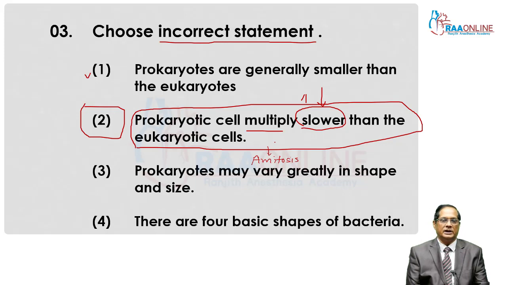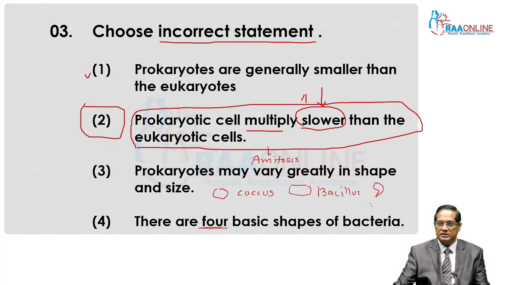Then, prokaryotes may vary greatly in shape and size, right? And the 4 basic shapes of bacteria, this is also right. These 4 basic shapes are: spherical, coccus; rod-like, bacillus; curved rod, vibrio; and the last one is coiled, that is spiral. Out of these 4 possible shapes of bacteria, bacillus is quite a common shape.